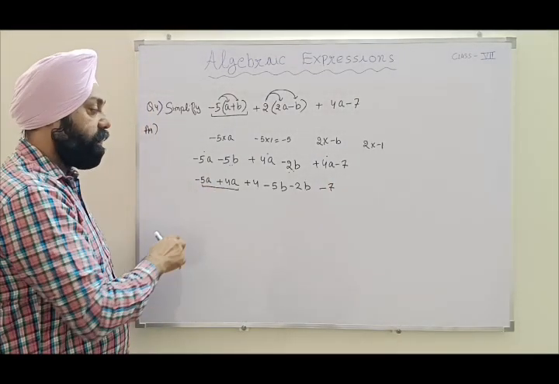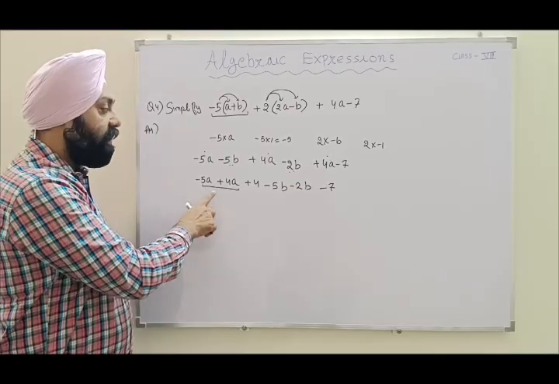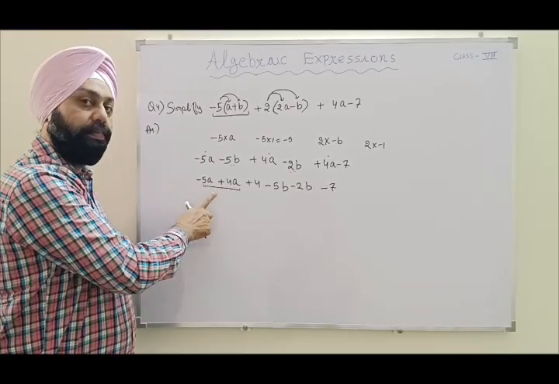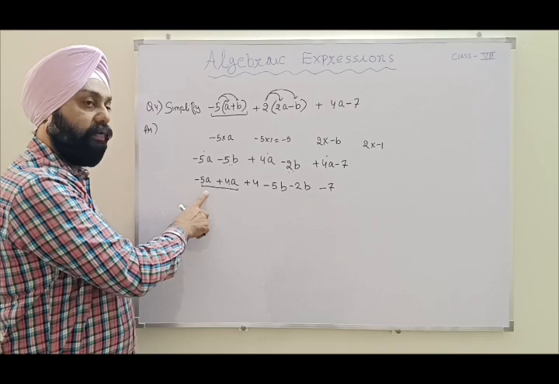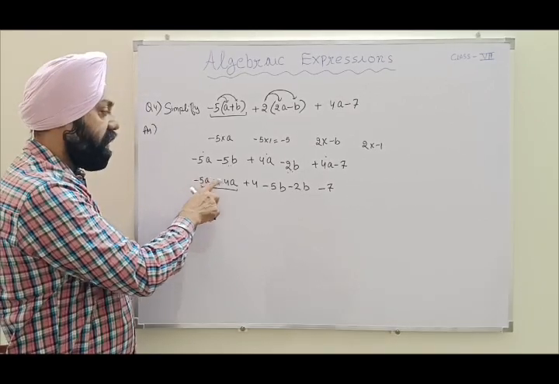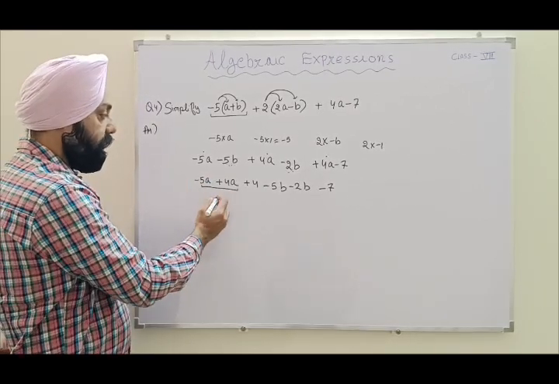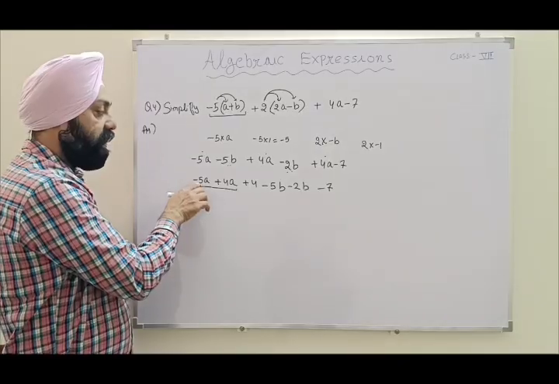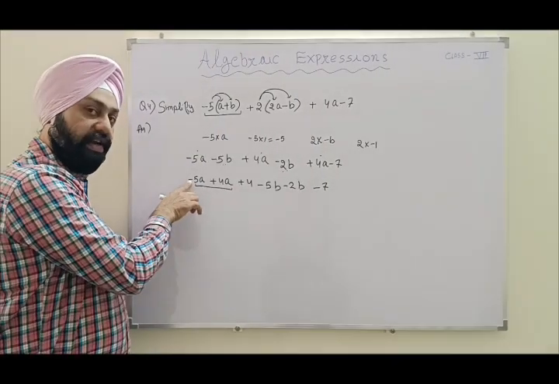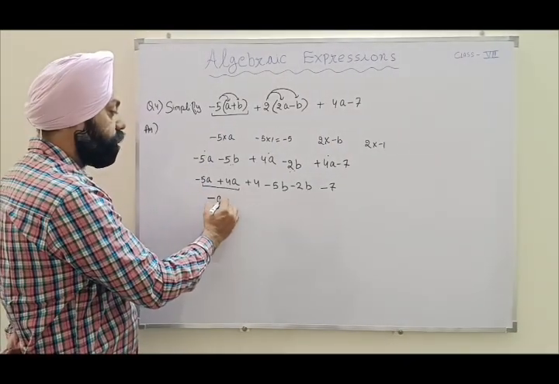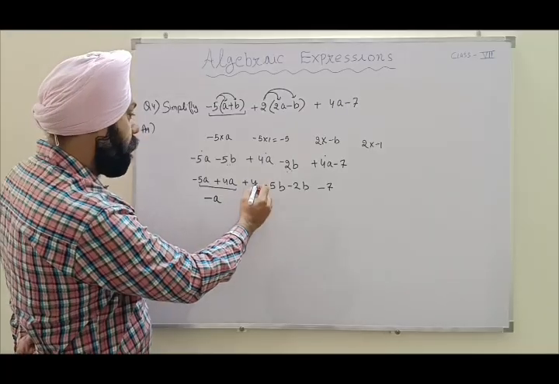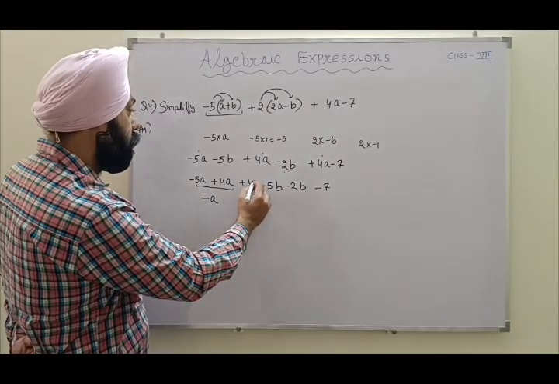Whenever we are adding or subtracting integers, whenever there are different signs it means subtraction, but the sign will be that of the number which is bigger. So 5 minus 4, if you do it, then you get 1. And because the 5 is the bigger one and has the sign minus, it will be minus a. And this is 4.